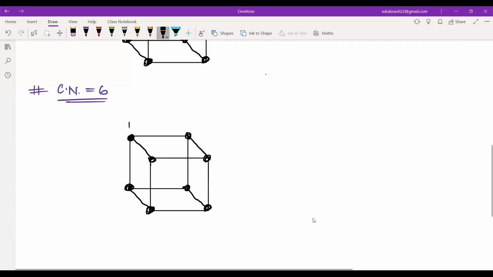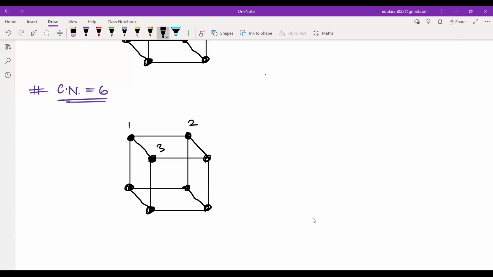I hope all of you know that we have minimized the size of the atoms, right? This is not the original atom size. You have minimized the atom size. Correct? So this first atom is in touch with this atom, and it is also in touch with this atom.